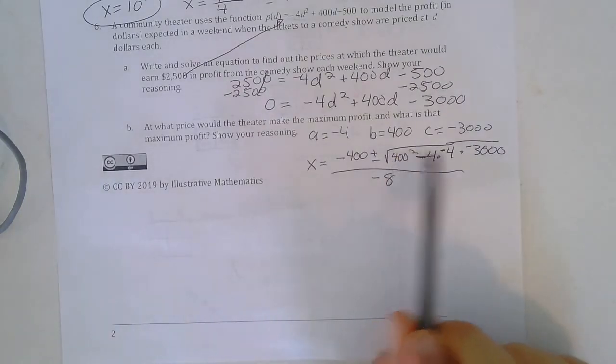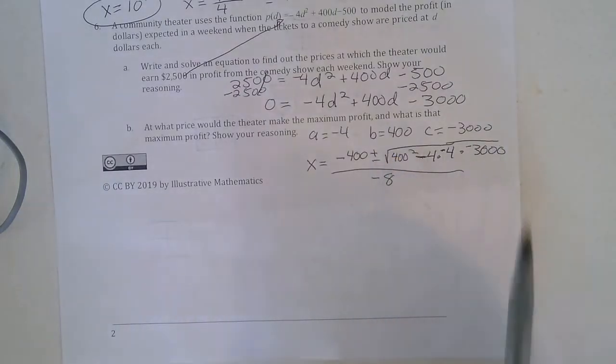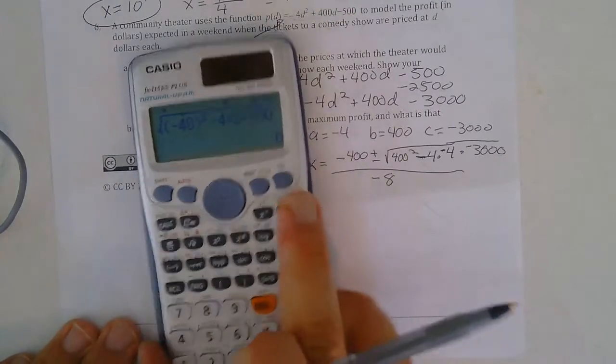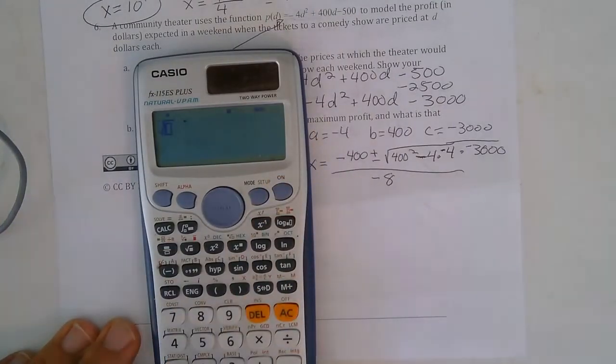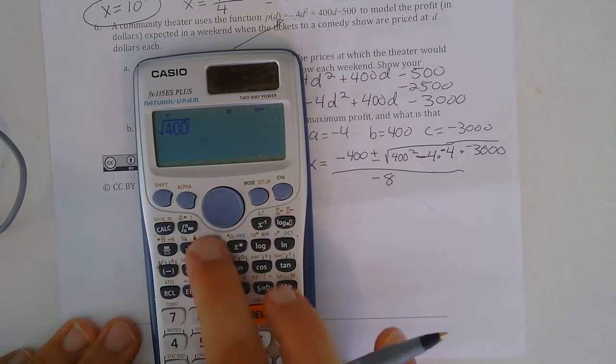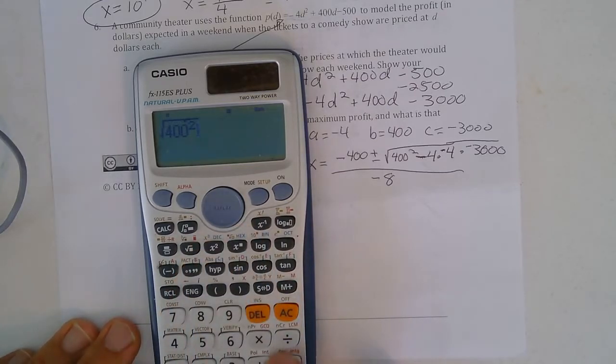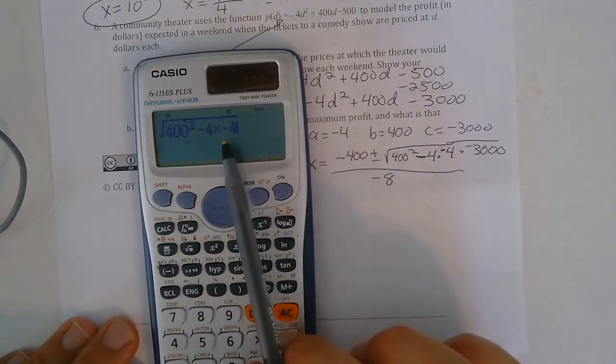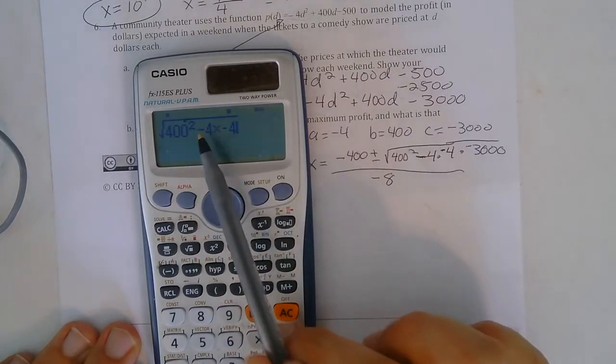So what I'm going to do here is put the square root of 400 squared and such in a calculator. So we have the square root of 400 squared minus 4 times, and then I have to do negative 4, so I press the negative 4. And you notice that's smaller, so you can tell it's negative compared to the minus sign.